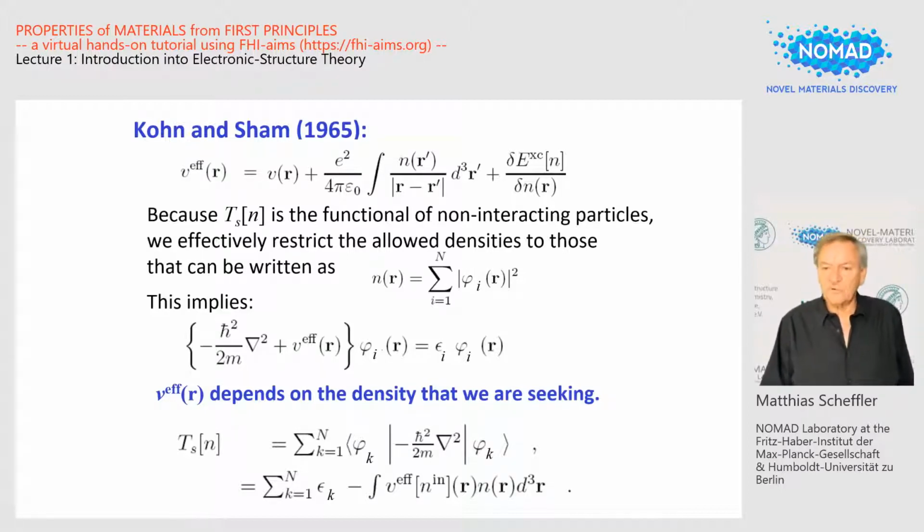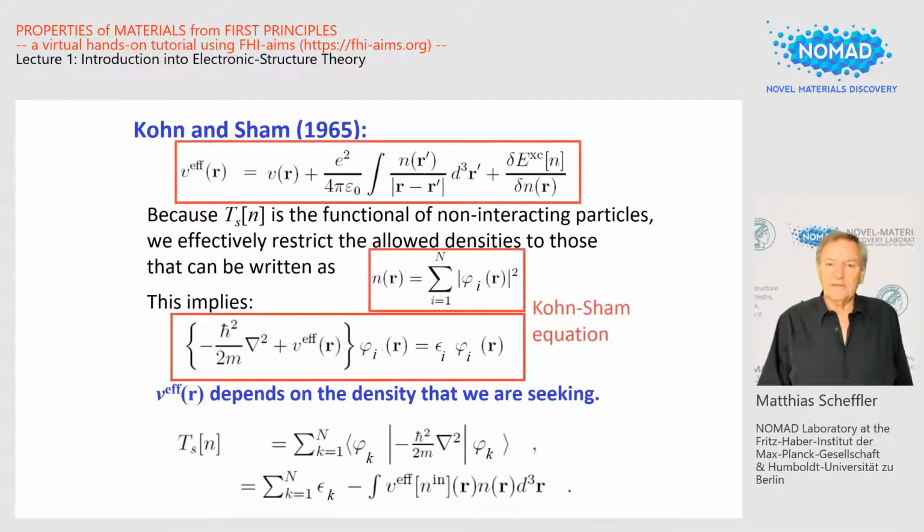This is what's called the Kohn-Sham equation. The only unclear situation here is, again, we don't know Exc of n, and that means we also don't really know the functional derivative. Again, this is where we need approximations.